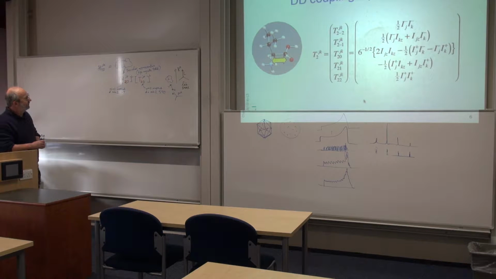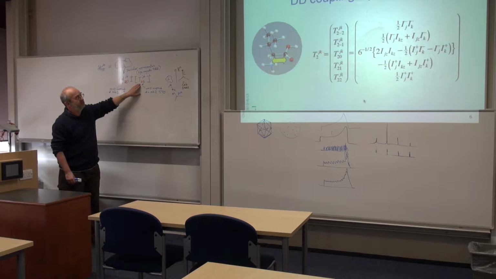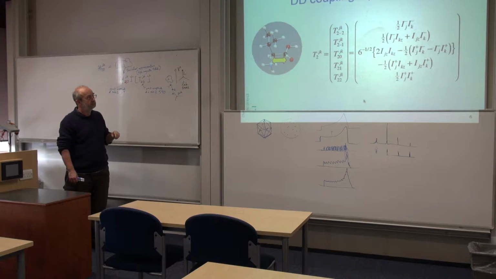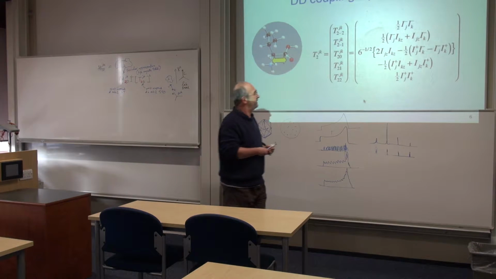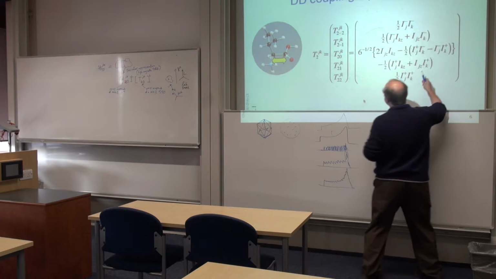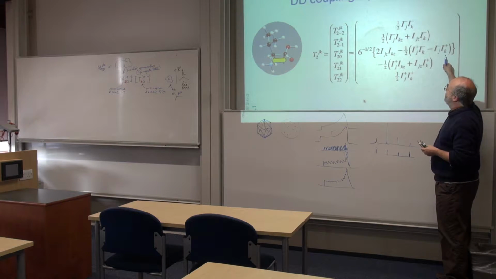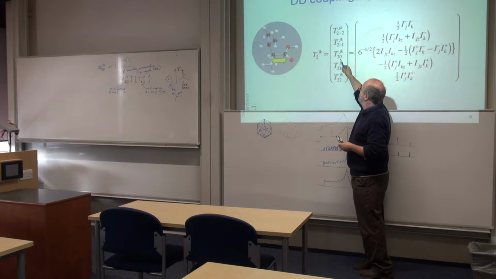But first of all, let's look at the tensors. So the rank 2 spin spherical tensor operator has 5 components, and this is the middle one. And actually that's the one which is the spin Hamiltonian in high fields.